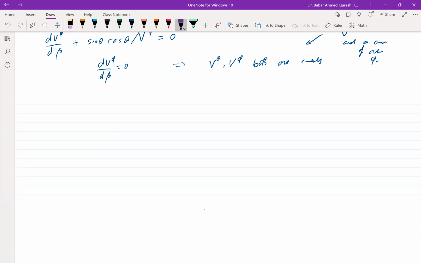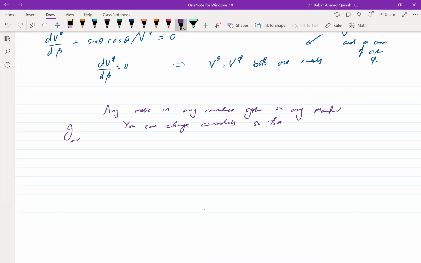We will find that it is always true that if you have any metric in any coordinate system on any manifold, you can change coordinates so that in the new coordinates, your metric components are equal to eta mu nu at one particular point.